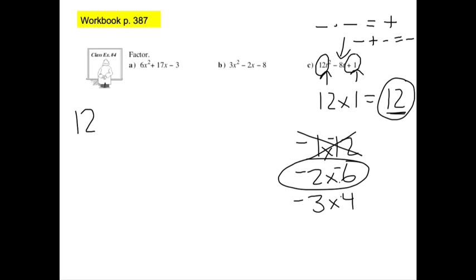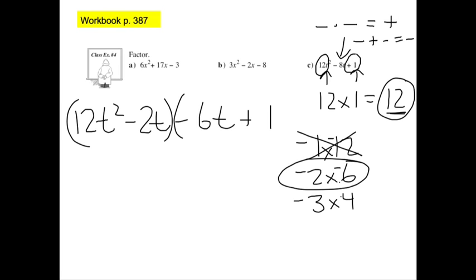Let's expand this out. So you have 12t squared minus 2t minus 6t plus 1. Divide this into groups. So what you can take out of the first one is a 2t. What you're left with is 6t minus 1.